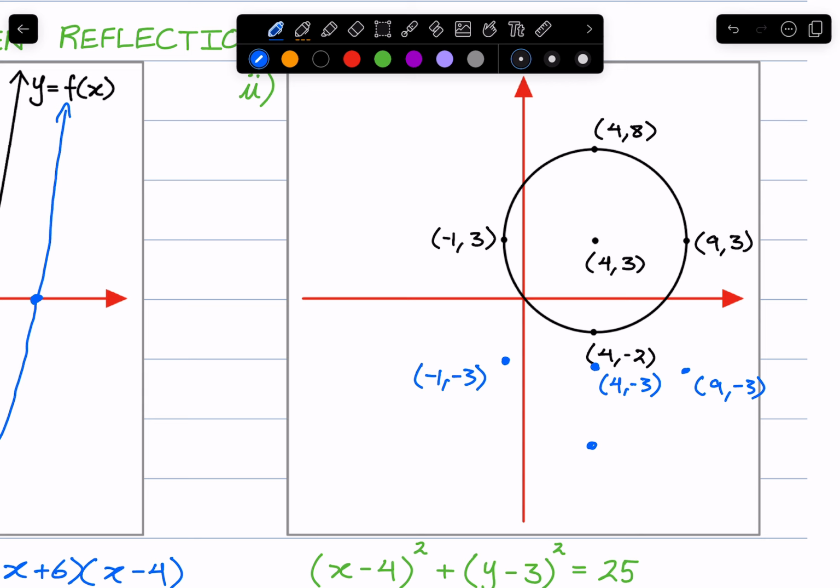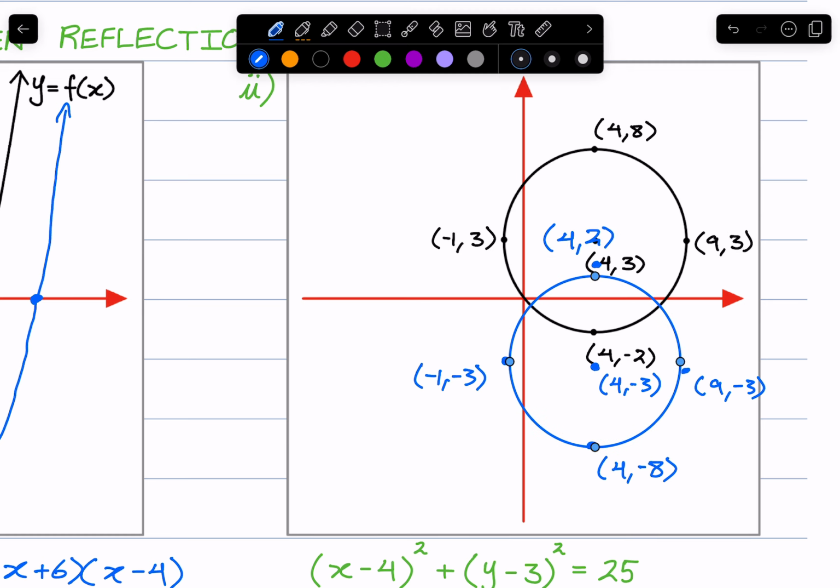So here, this would be 4, -8. And this value here, 4, -2, since it's 2 units below the x-axis, it will now be 2 units above the x-axis. So that point would become 4, +2. I hope you can see the circle being formed here.